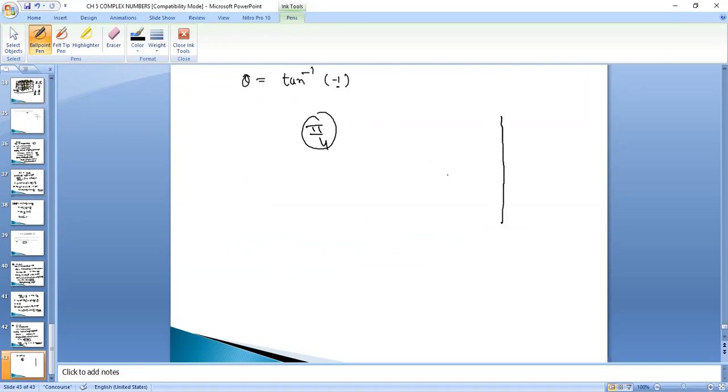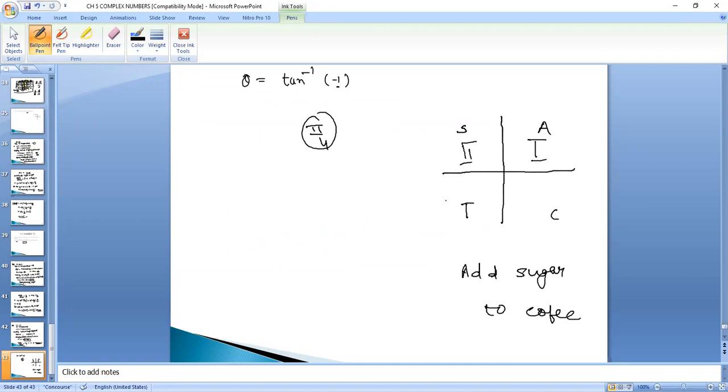So we have 4 quadrants: it is all, it is sine and cosecant, it is tangent and cot, and it is cos and secant. We learn it by add sugar to coffee. Okay, so this is the first quadrant, this is the second quadrant, this is the third quadrant, this is the fourth quadrant, right?